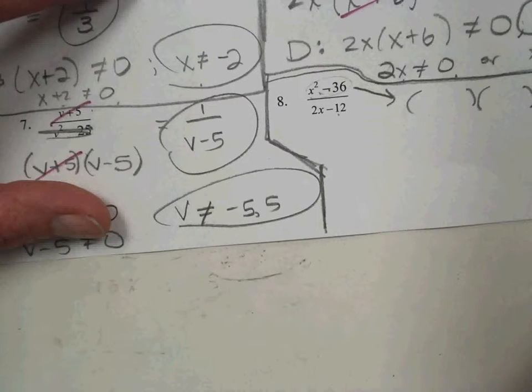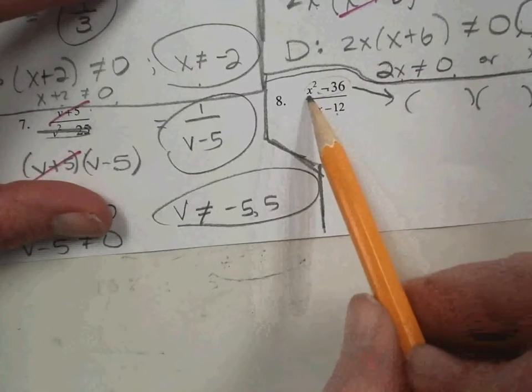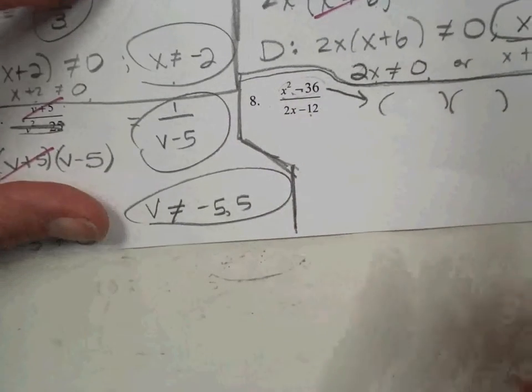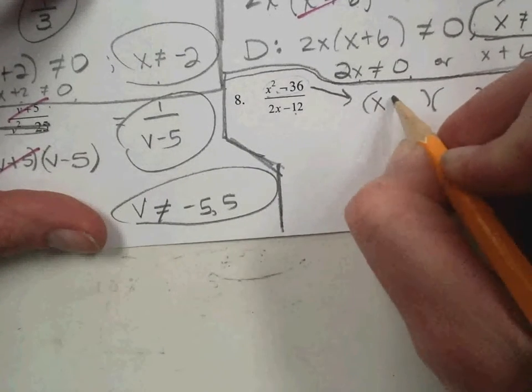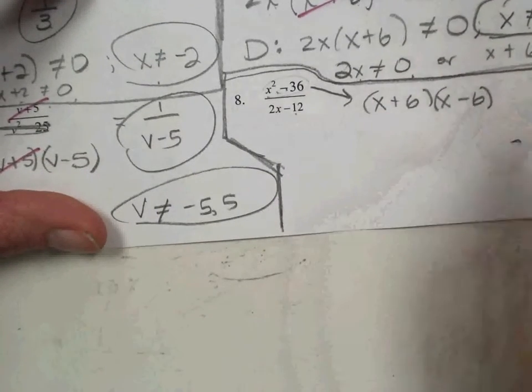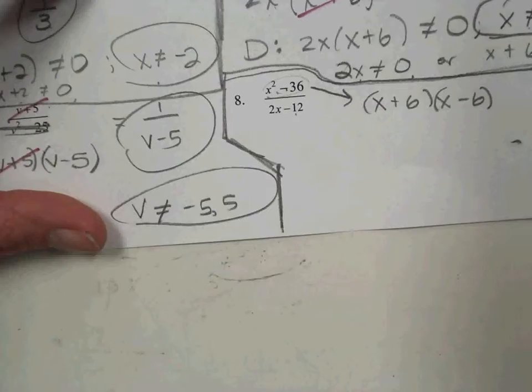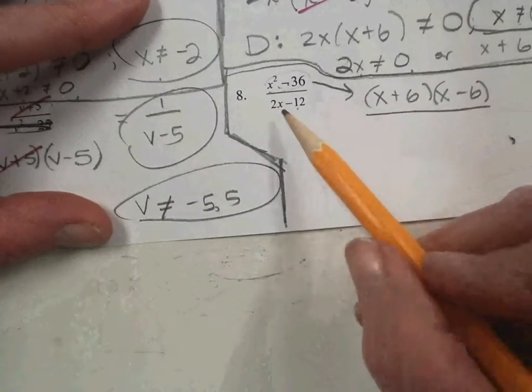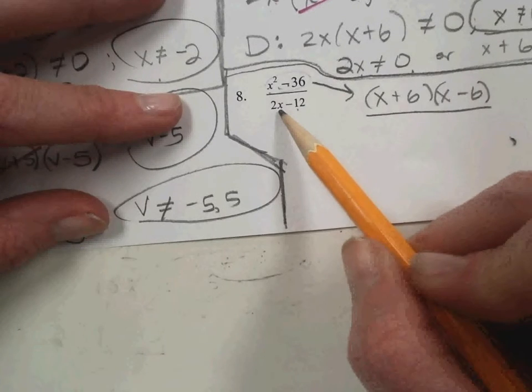How do we factor x squared minus 36? Evan, is it x plus 6, x minus 6? It is. Nicely done. That's the difference of perfect squares again. So x plus 6, x minus 6.